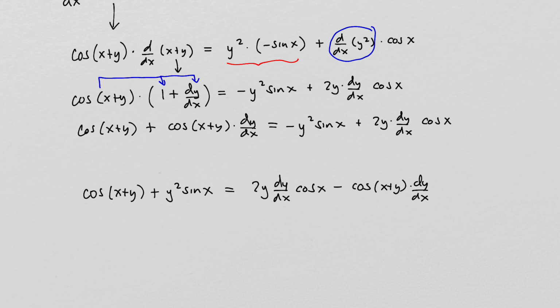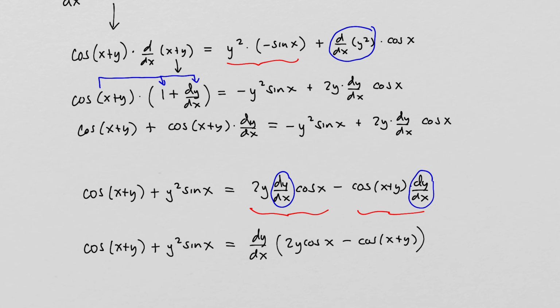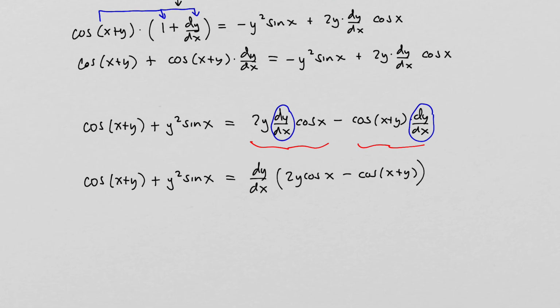Now again, why are we doing this? It's pretty much the same reason every time. These two terms that you see here both have a dy/dx in them. So we can now factor out that dy/dx from each of those terms. And this is what that looks like. And now to solve for dy/dx, we just need to divide both sides of the equation by 2y cosine of x minus the cosine of x plus y.